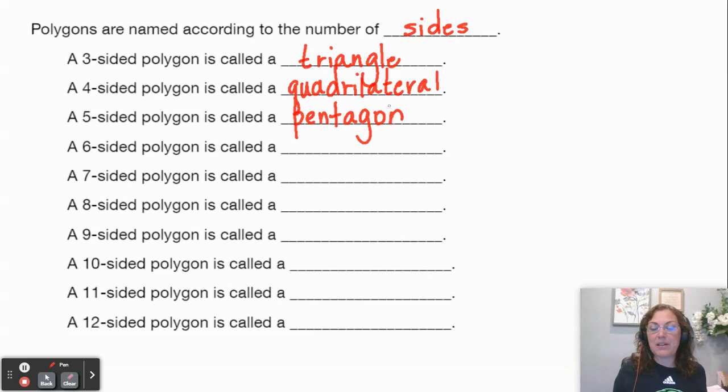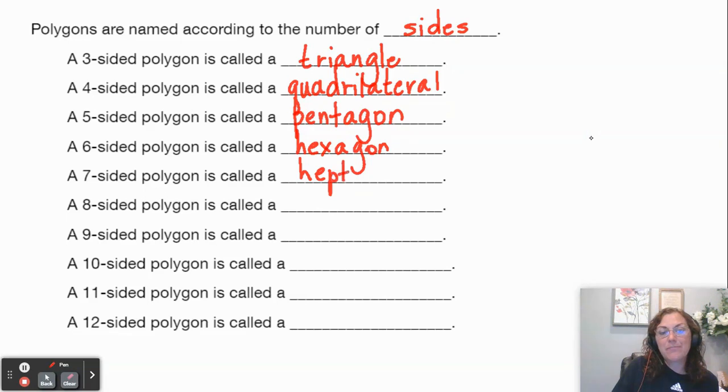A six-sided polygon is called a hexagon. A seven-sided polygon is called a heptagon. An eight-sided is called an octagon. A nine-sided figure is called a nonagon.